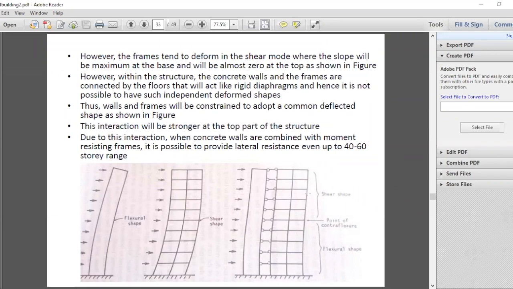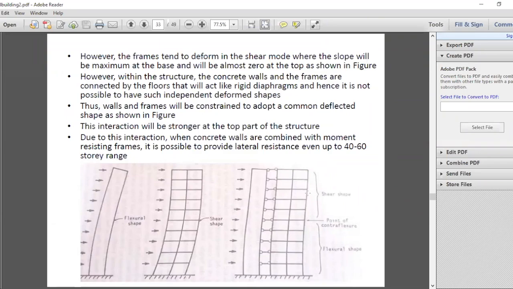So what actually happens is, although the wall is almost fixed at the base with zero rotation, as you go to the top part of the building, the deformation of the wall can be significant, and because of the shape that you get in the deformation, the frame actually deforms less than the wall.